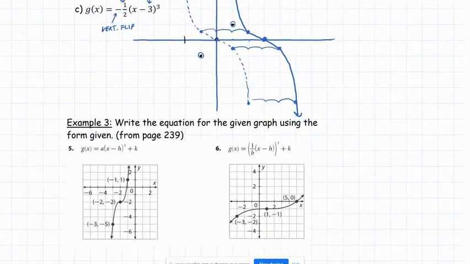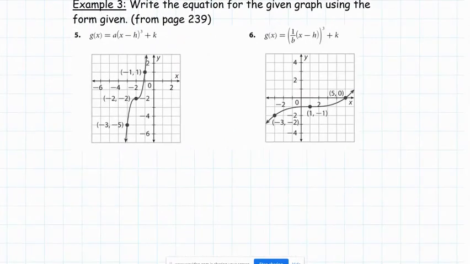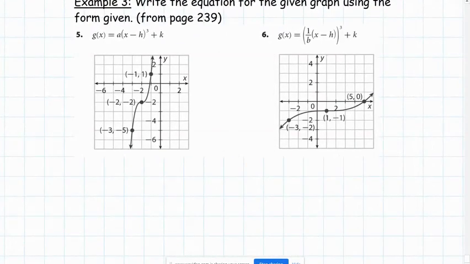In the next two examples, we're going to be given a graph and asked to write the equation. And it's nearly impossible to determine from a cubic graph whether there's horizontal stretch or vertical compression, because they both look the same on the graph.